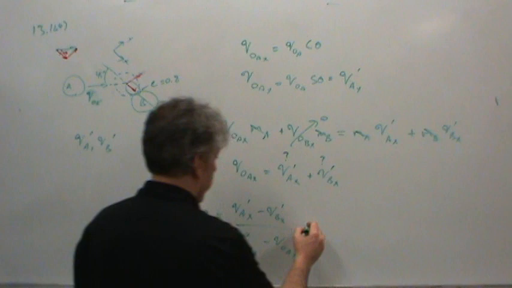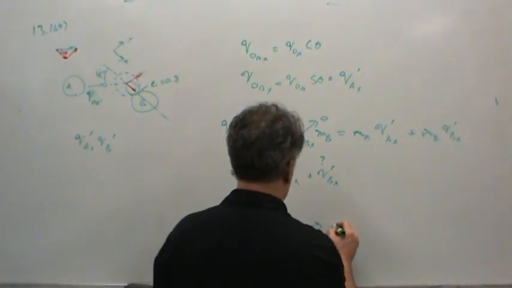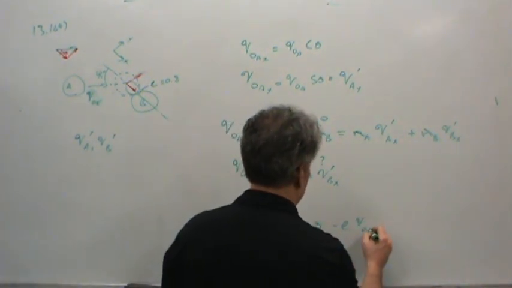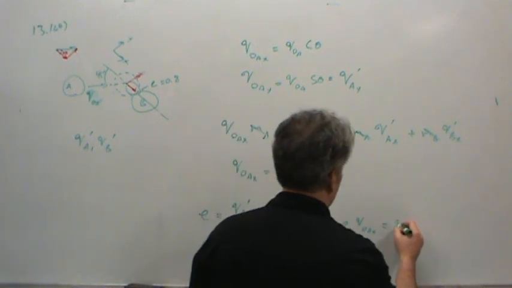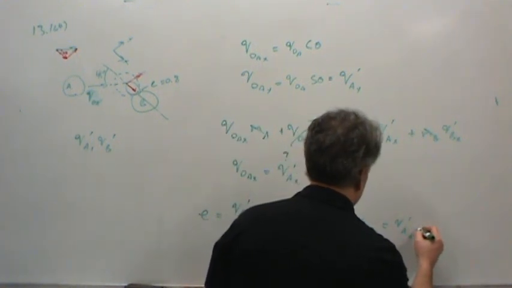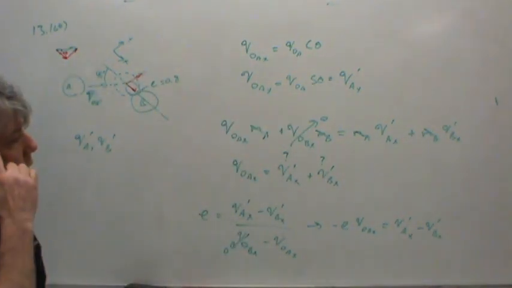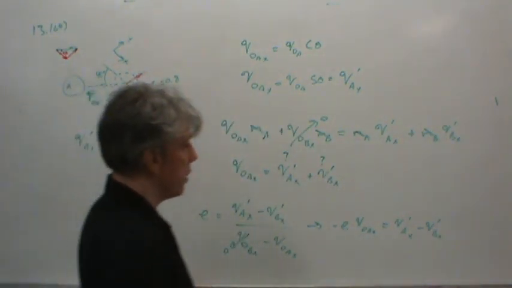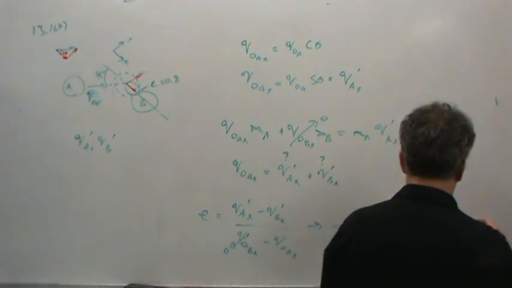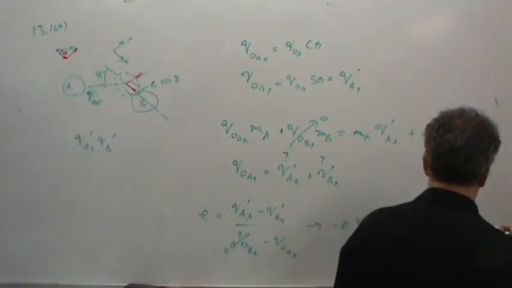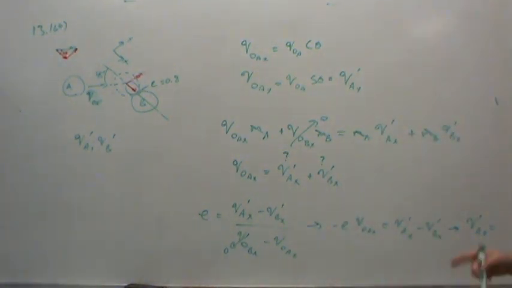With that, we can rearrange and say that negative E V naught A x equals the relative velocity after impact. And of course, we'll just rearrange this, solve for V A prime x, the velocity of A in the x direction after impact.